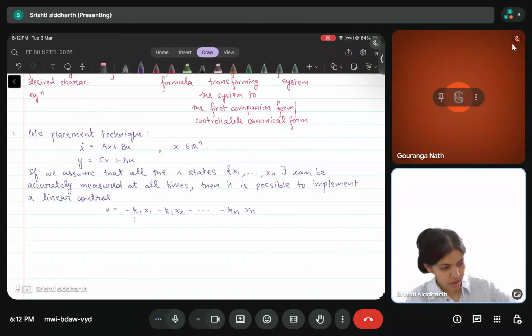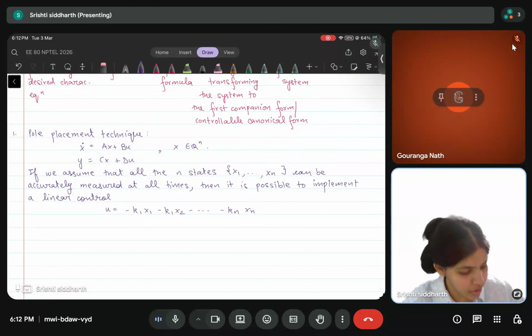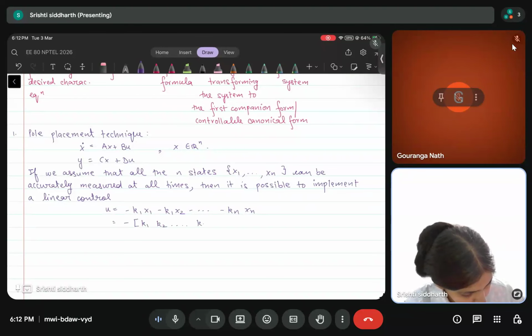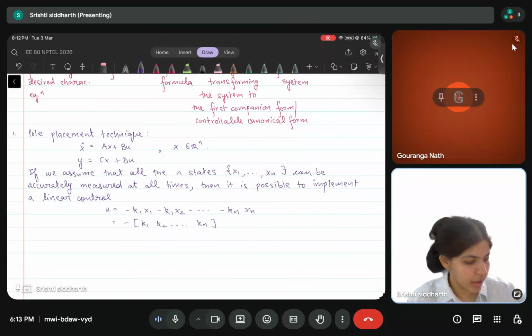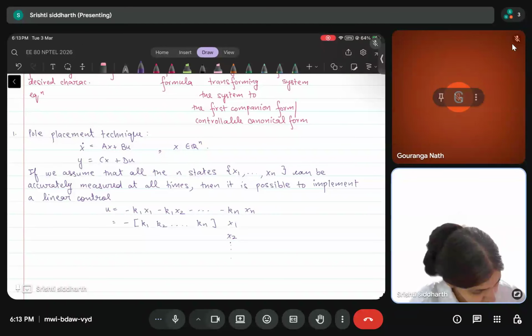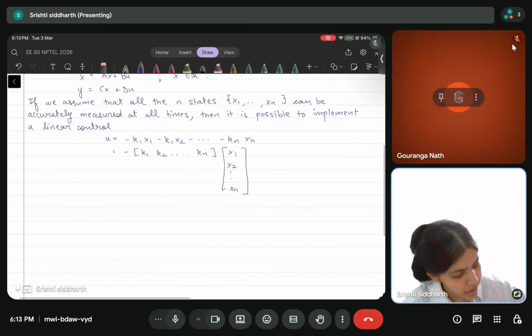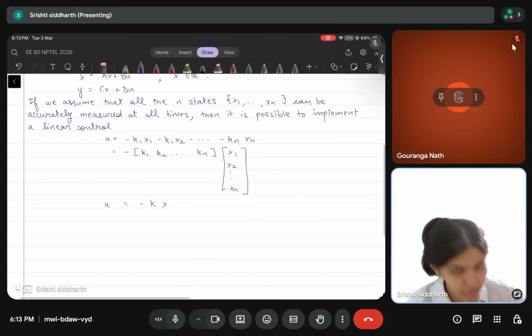The coefficients k are independent of time. If you write this in vector notation, this would be minus the row vector k1 to kn times the column vector x1, x2 till xn. This can be written as u equals minus Kx.